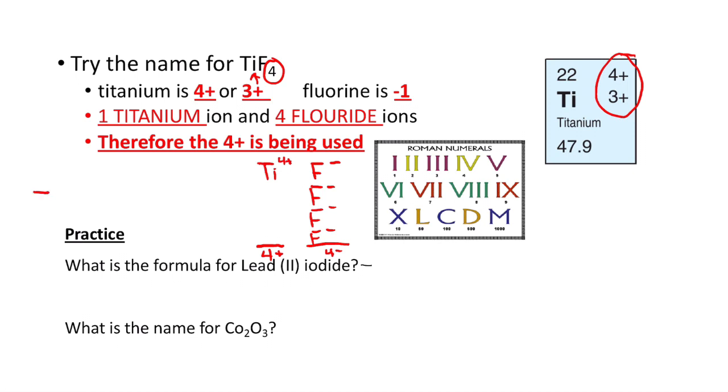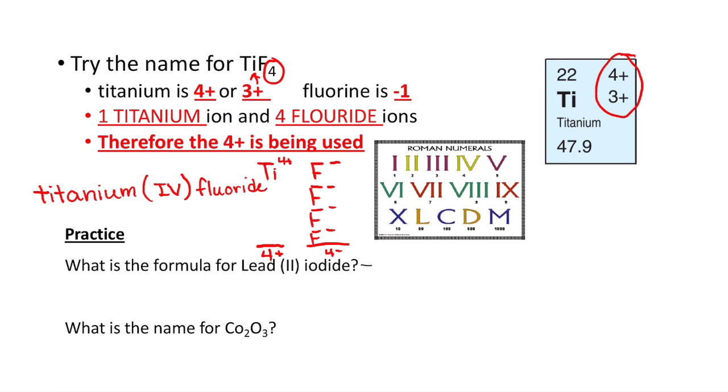So the name of this particular molecule would be titanium 4, which is IV, fluoride. When you're going from formula to name, with multivalents in particular, you're essentially working backwards.